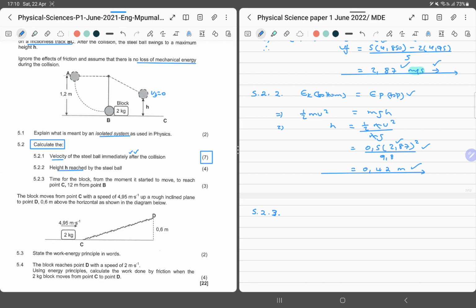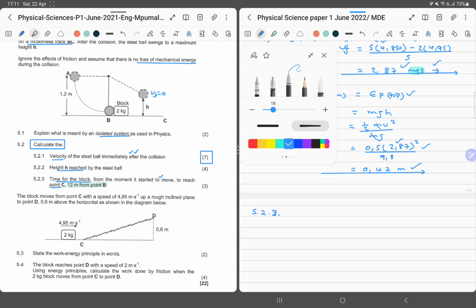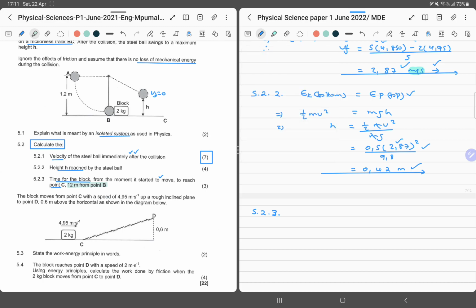It says now the time for the block from the moment it started to move to reach point C. And what do we know about that? It is 12 meters from point B. Okay. So what do we know here? We use equations of motion.